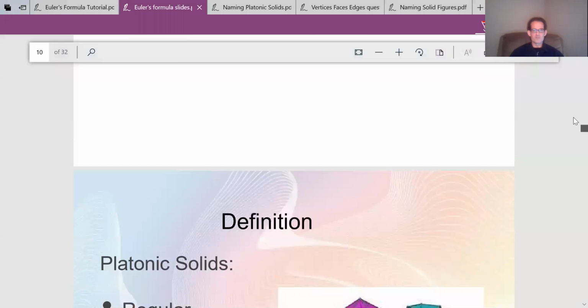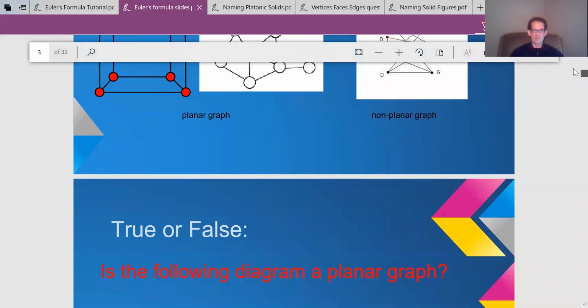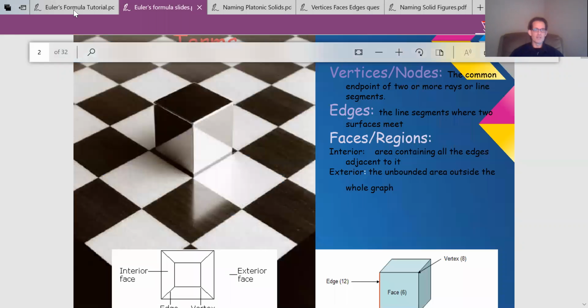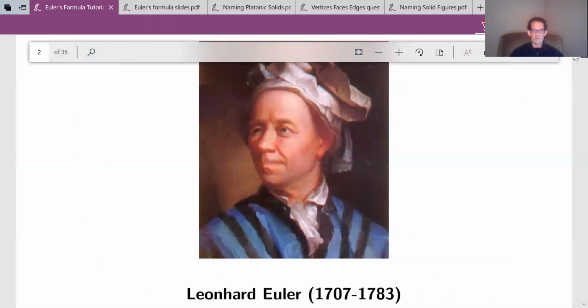Wanted to talk to you in this lesson a little bit about who Euler is. So Leonhard Euler lived in the 1700s, and I have a picture of him, and I wanted to share that with you really quick in this lesson here. So if we go up to the top of this, we should have a picture of him right here. Here he is.